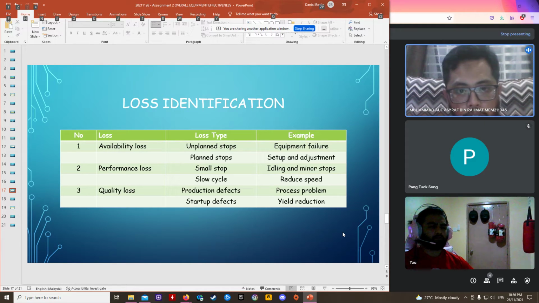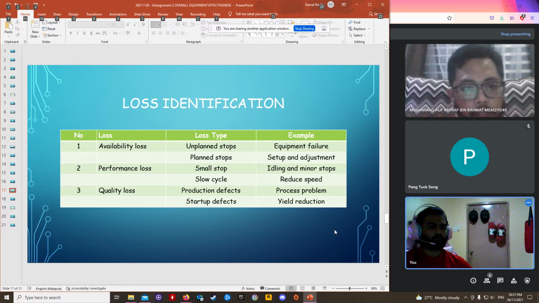Examples for small stop are idling and minor stop. For slow cycle, it reduces machine speed. Then there is quality loss, which comes from production defects and startup defects. For production defects, an example of loss evaluation is that we can take it from process problems. Startup defects, we can identify by yield reduction.